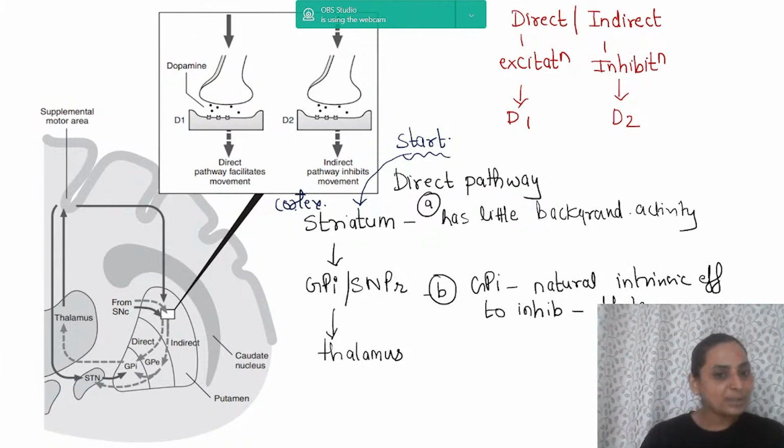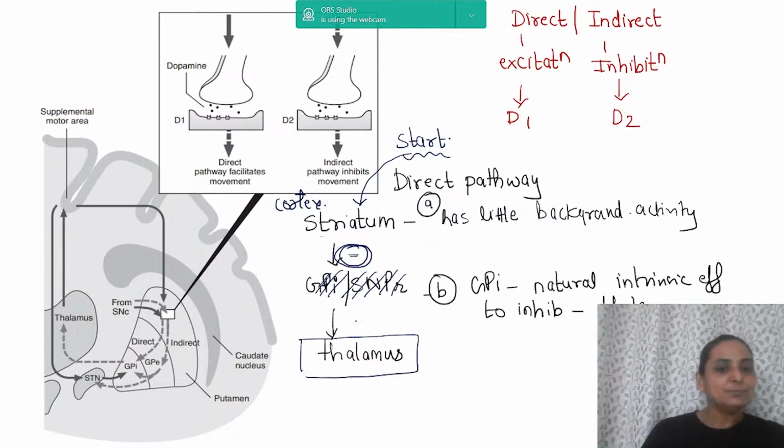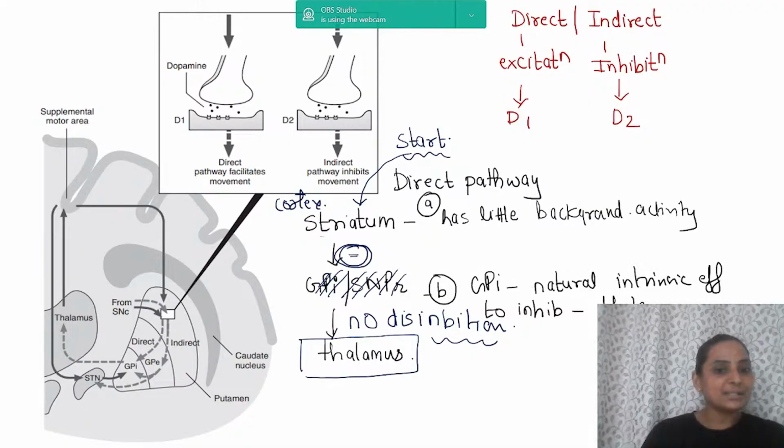Once the cortex has excited the striatum, this striatum is going to inhibit the globus pallidus. Because this component has been inhibited, there is no inhibition of the thalamus by it; the thalamus is now free to bring about its activity.